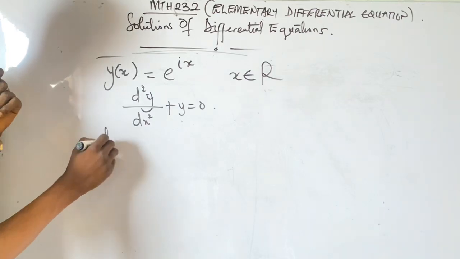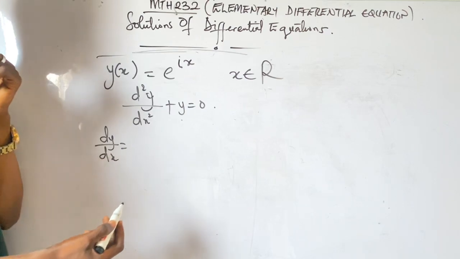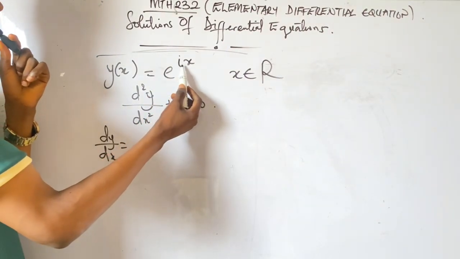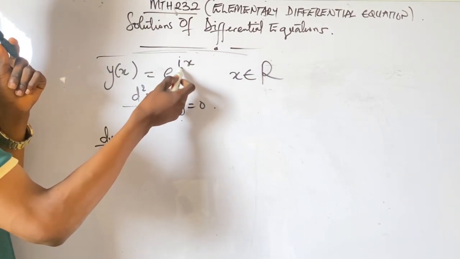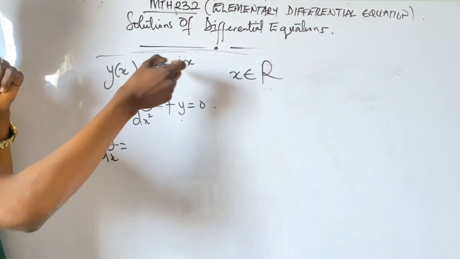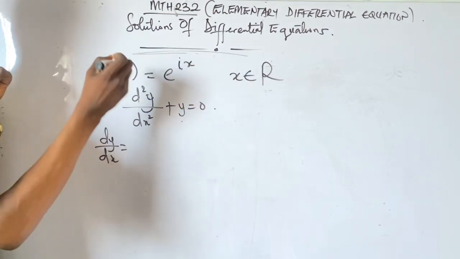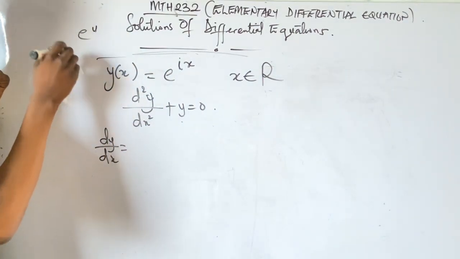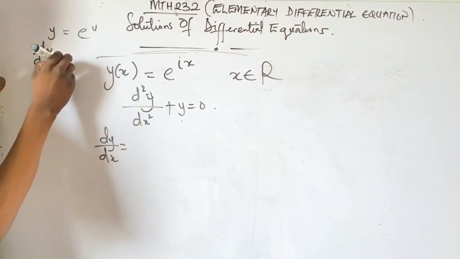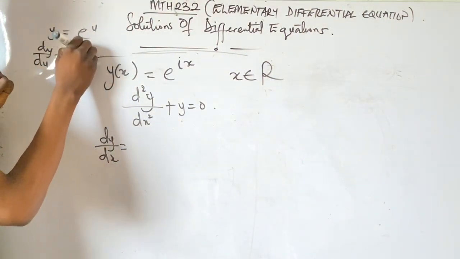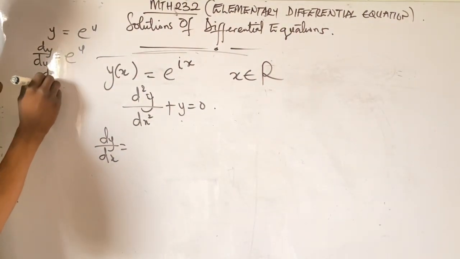You know that for dy/dx, i is a complex number, but it can be used in differentiation. It's a constant right now. That is simply using the chain rule again. Chain rule, e^u. So y equals e^u, dy/du equals e^u, which is still e^u.